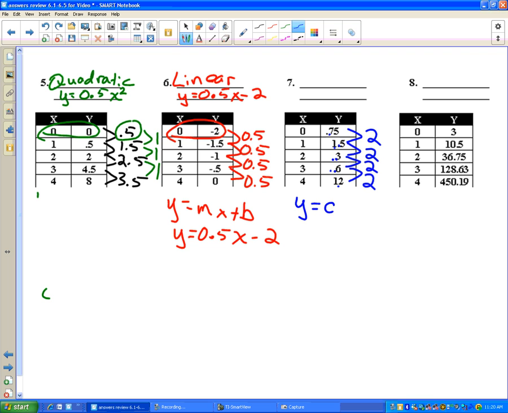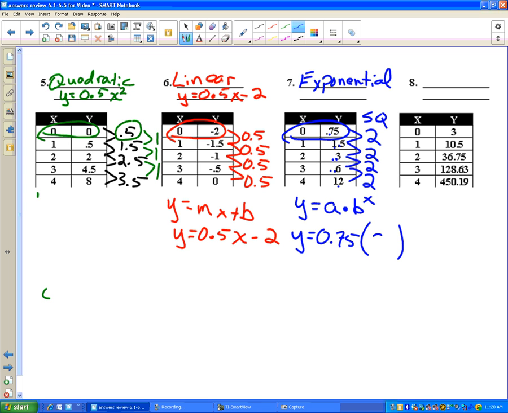Y equals a times b to the x. A is y when x equals 0, 0.75. B is my successive quotient, 2. So y is equal to 0.75 times 2 to the x power.